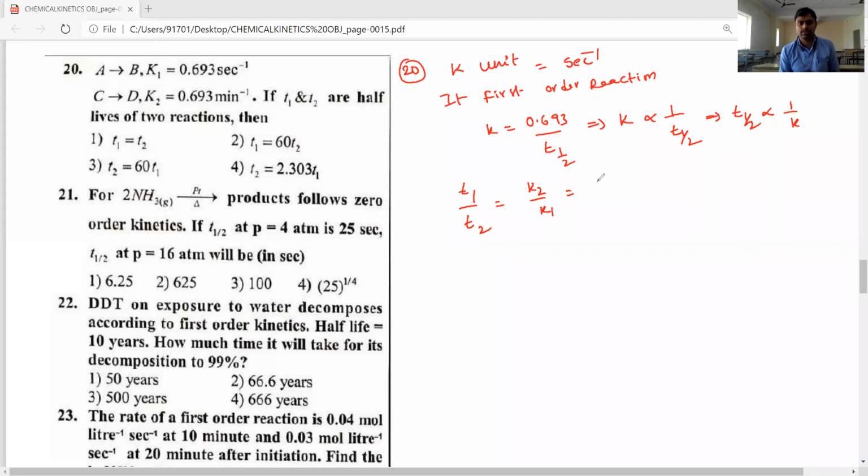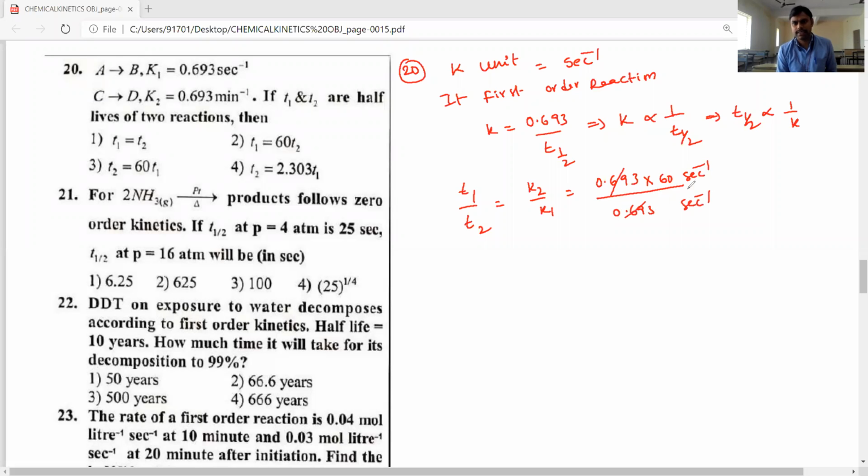K2 is equal to 0.693 minute inverse. That 0.693 minute inverse is nothing but 0.693 into 60 second inverse, divided by 0.693 second inverse.